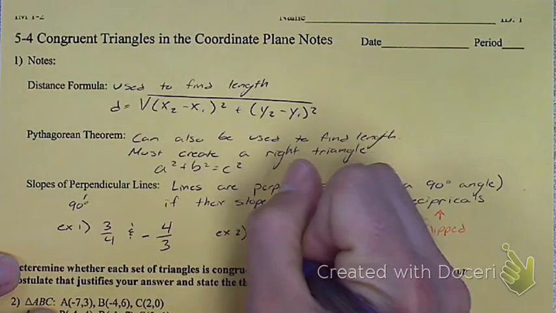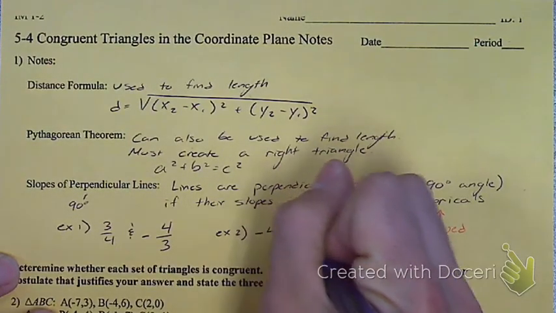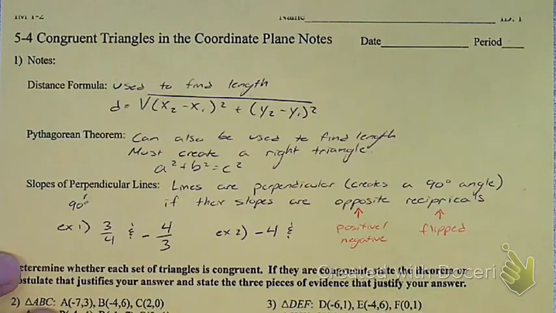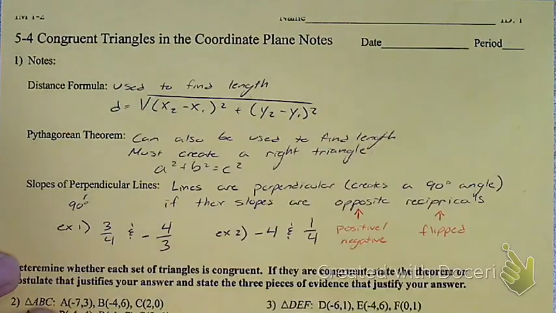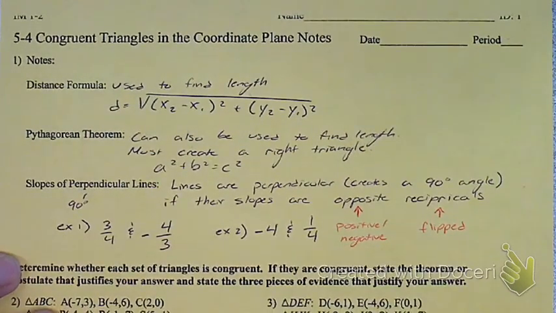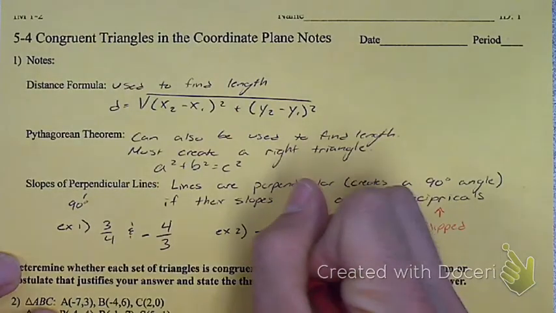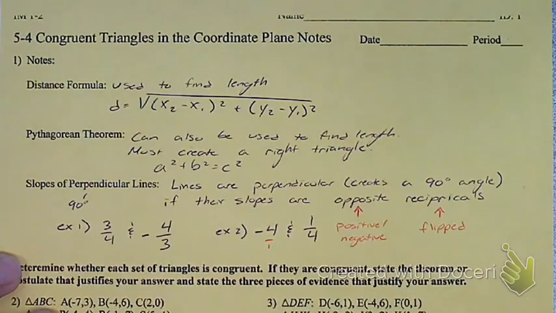And the last one. If I have negative 4, what does that become? 1 over 4, a positive 1 over 4. Because don't forget that there's actually an imaginary 1 under it.